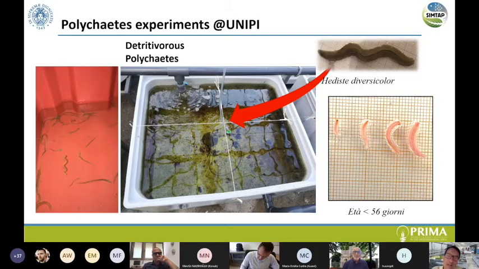Here you can see the detritivorous organisms. In our case, we used the polychaete Hediste diversicolor. This worm, we took the worms from the wild and we reared them in the system. It's almost 1 year we have those worms in our system and they reproduced really well.